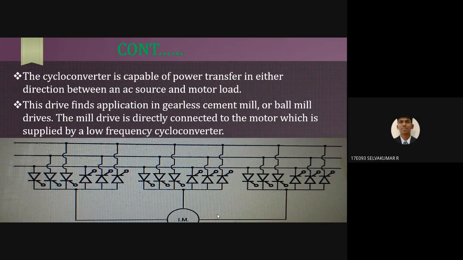This is a pictorial representation of cycloconverter fed three-phase induction motor. This drive finds application in gearless cement mill, ball mill drives. The mill drive is directly connected to the motor, which is supplied by a low frequency cycloconverter.